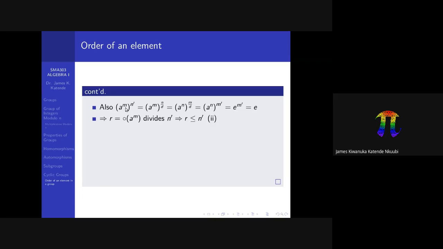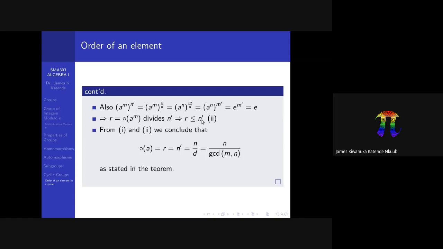But we know the order of A^M was R. We fixed it to be R. And here it must divide N prime. And if R divides N prime, it means R must be less than or equal to N prime.